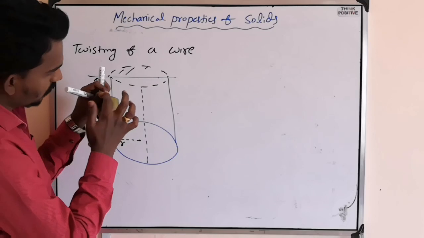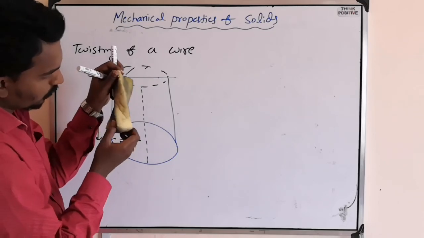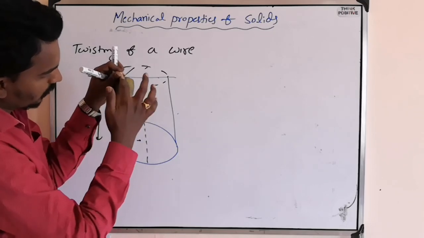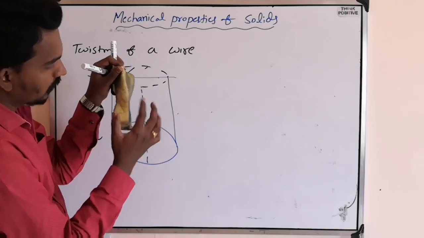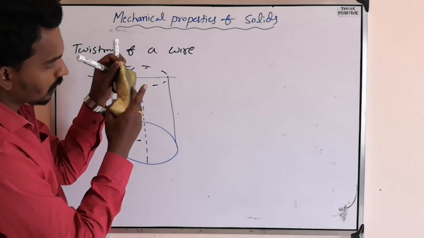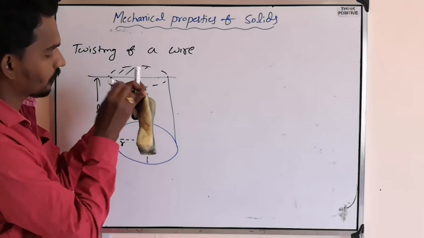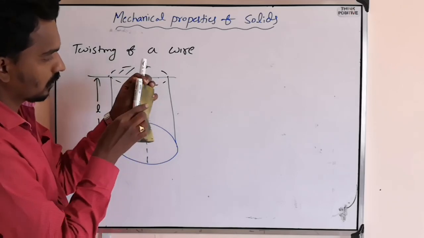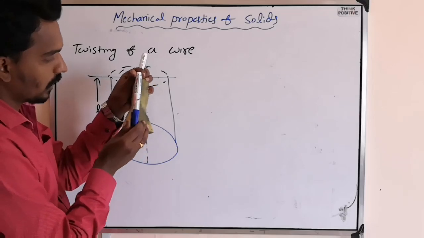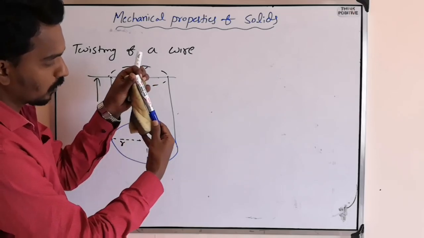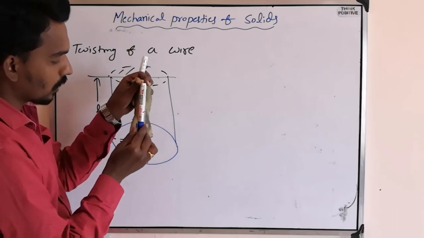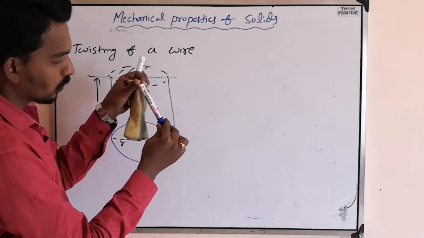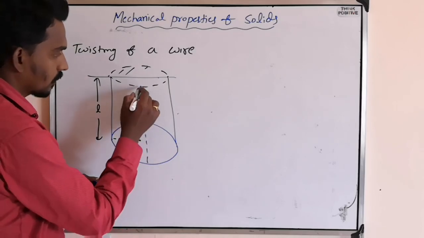When I twist it, this line will slightly displace like this. It was here, it will go like this. That means from this position it will go to this position.